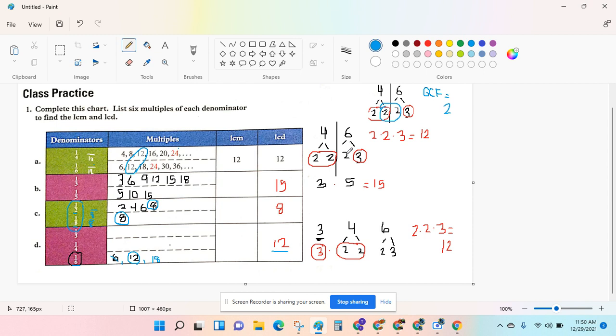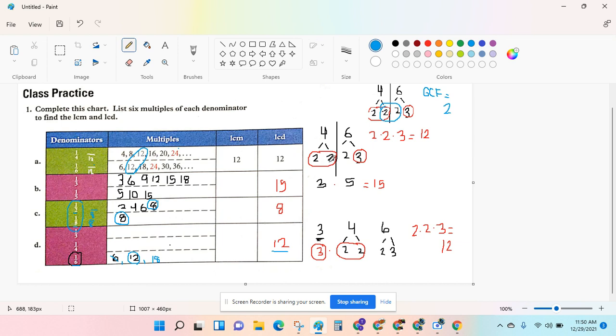Now the difference with this way is that when we were finding the greatest common factor, we were looking for a pair in common because it was a common factor. But in this case, we're looking for the least common multiple. So the difference here is we're looking for which one of these has the factor the most times in it.